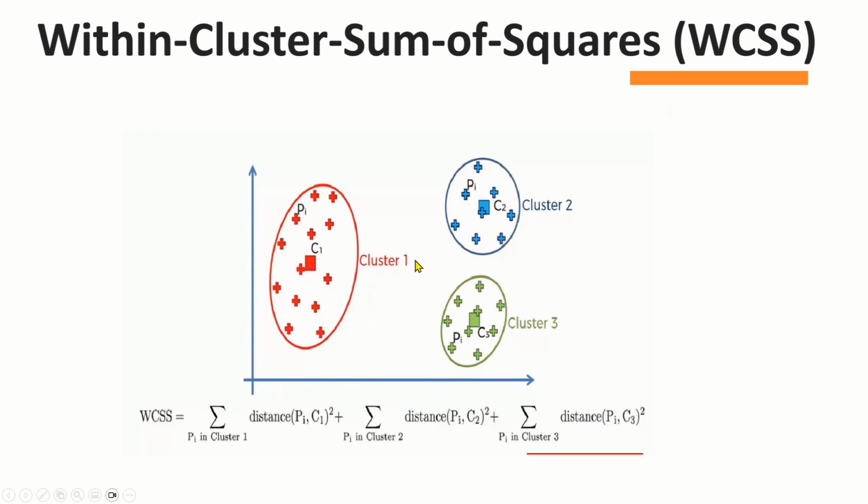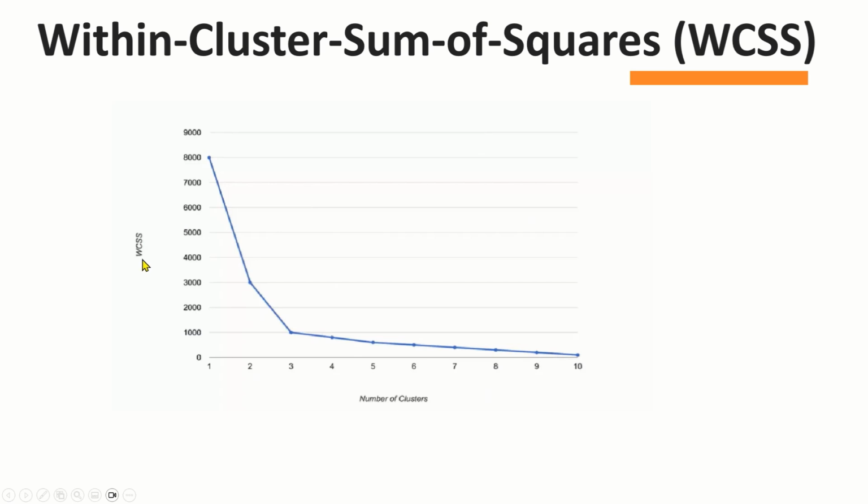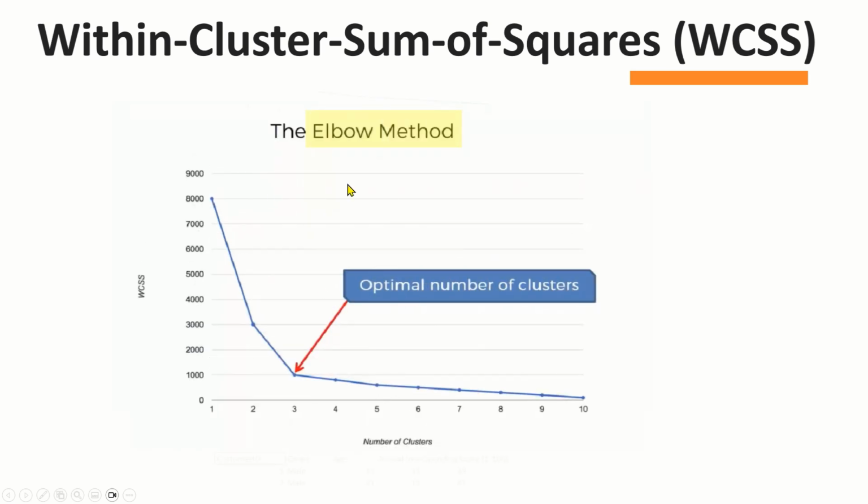But in this data set we do not know how many clusters we need. That's the reason we need to perform this WCSS and use the elbow method in order to find the optimal number of clusters. Okay, got it? So without further ado, let's jump back to Google Colab and begin using WCSS so you can understand even better.